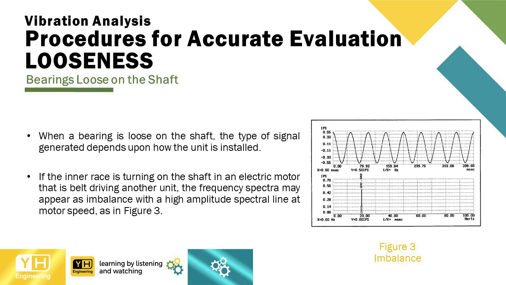Vibration analysis. Procedures for accurate evaluation. Looseness. Bearings loose on the shaft. When a bearing is loose on the shaft, the type of signal generated depends upon how the unit is installed. If the inner race is turning on the shaft in an electric motor that is belt driving another unit, the frequency spectra may appear as imbalance with a high amplitude spectral line at motor speed, as in Figure 3.